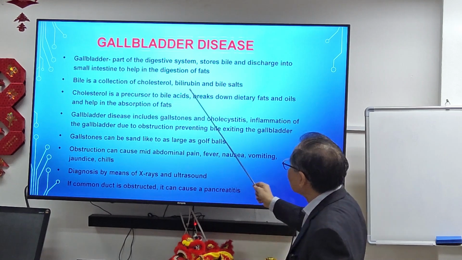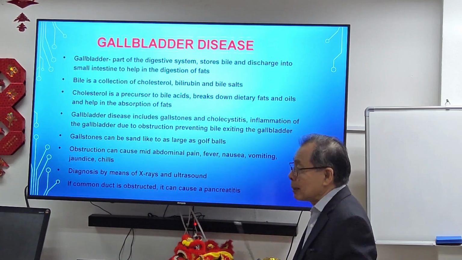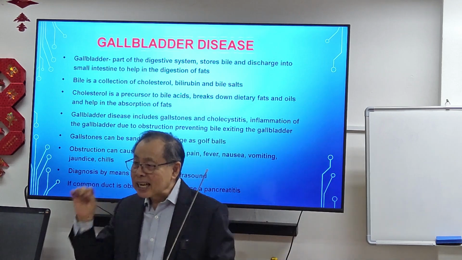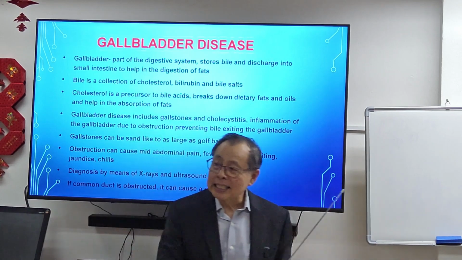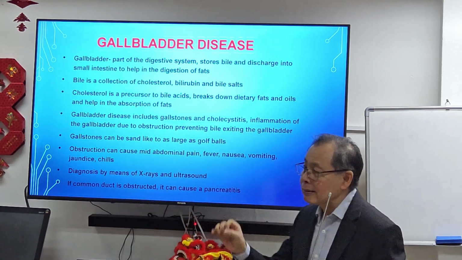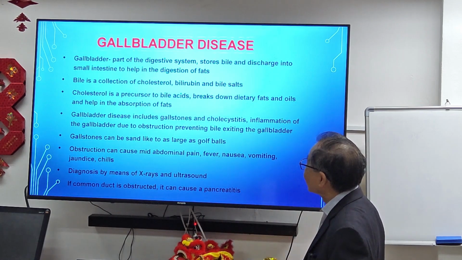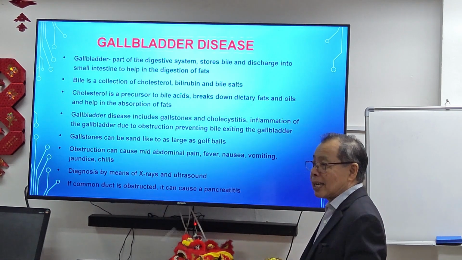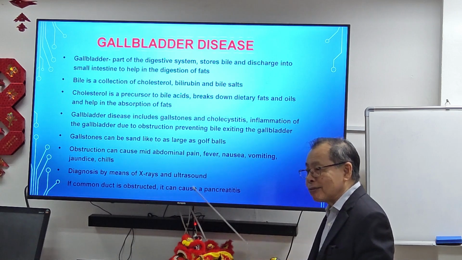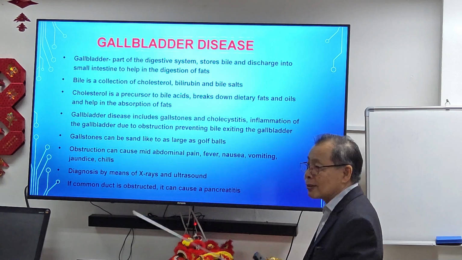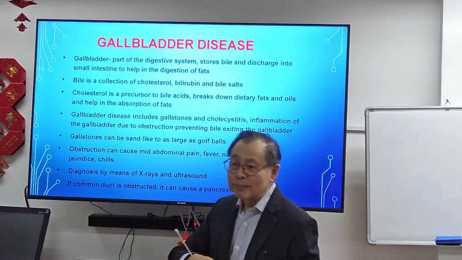What is bile? It's cholesterol, bilirubin, and bile salts. Bilirubin and bile salts are responsible for the color in your feces. The brown, yellowish color comes from bile salts and bilirubin. Conversely, if there's blockage of your gallbladder system, the bilirubin and bile salts get into your bloodstream.